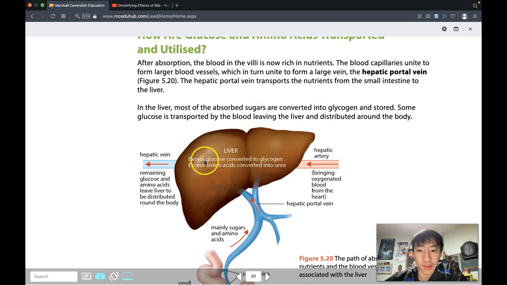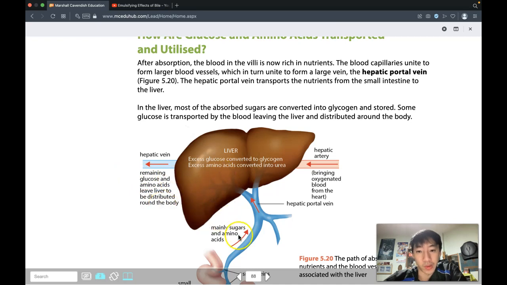Okay, this is called excess glucose. So let's say you eat a big meal full of rice, then you have excess glucose, right? You don't need it yet, so those will be stored as glycogen. Some of the glucose is transported by the blood leaving the liver and distributed around the body. Okay, so here you see the remaining glucose distributed around the body.